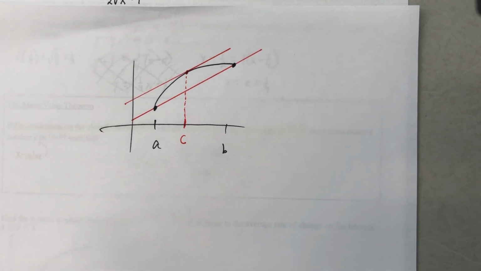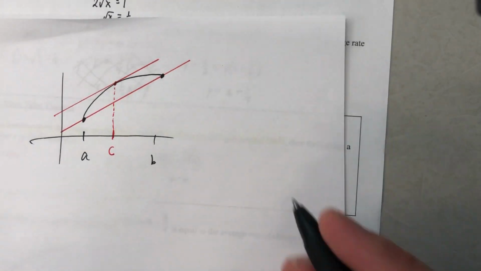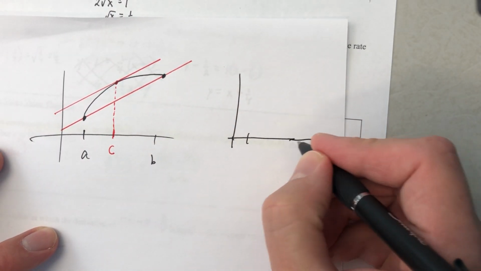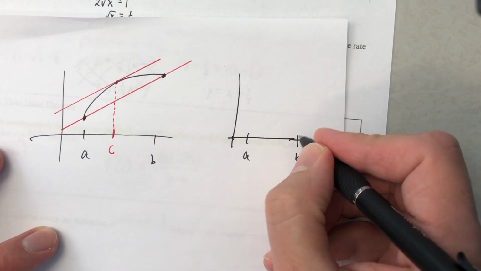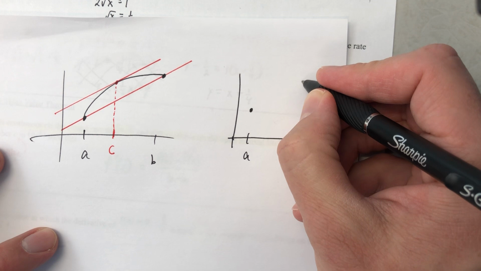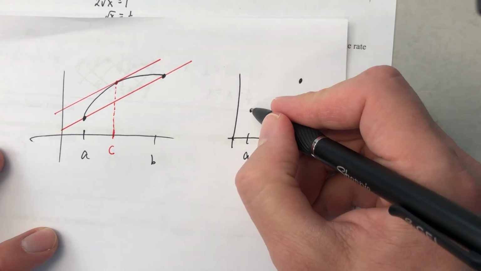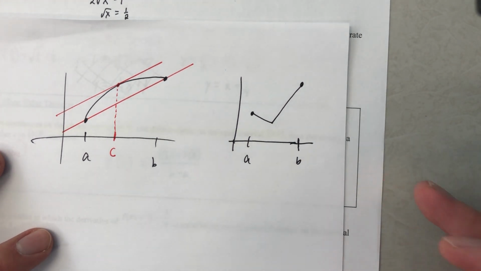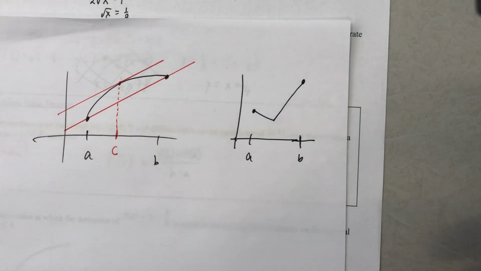Okay, let me talk about what would happen if we did not have differentiability. So, different example right here. We're going to go from A to B. We'll have continuity on the closed interval, but we won't have differentiability. We've got this really weird, almost absolute value-ish looking thing, but it's a piecewise function.